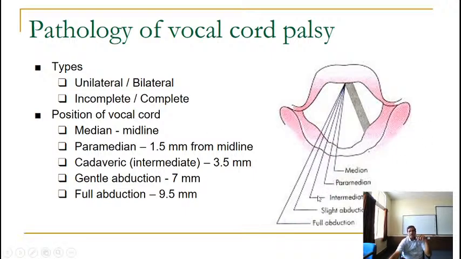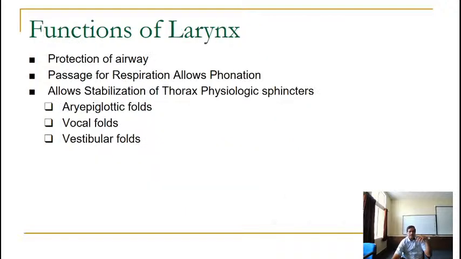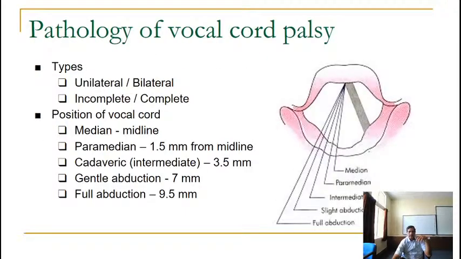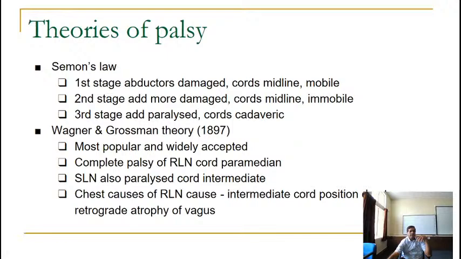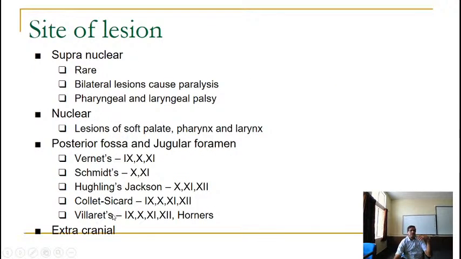Now, if the superior laryngeal nerve, which supplies the cricothyroid muscle, is also paralyzed, then it goes into the intermediate position, which is called the cadaveric position. So that is about the theories that have been proposed.